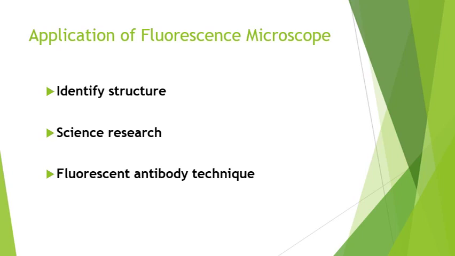The next application of this fluorescent microscope is the fluorescent antibody technique. By using this technique we can find out the activity of different antibodies with respect to their antigens.